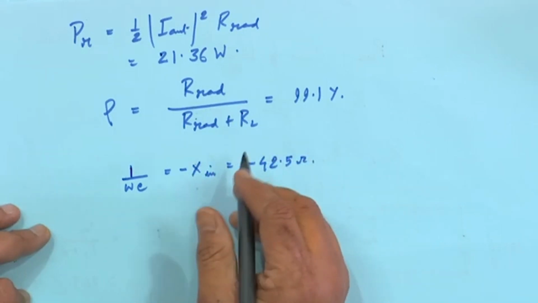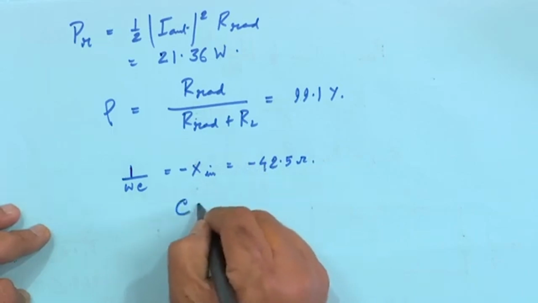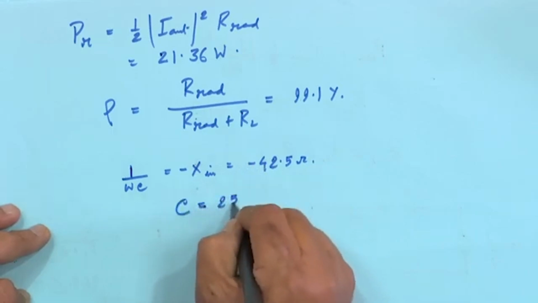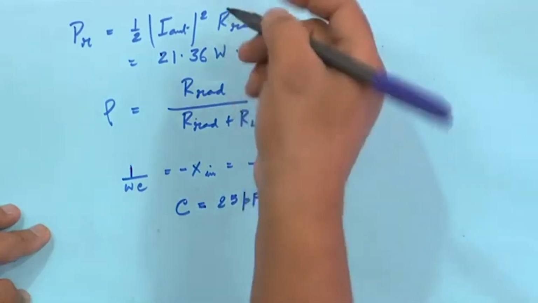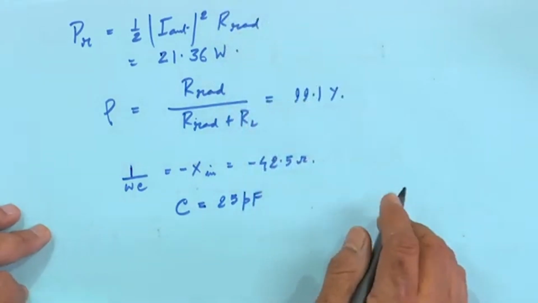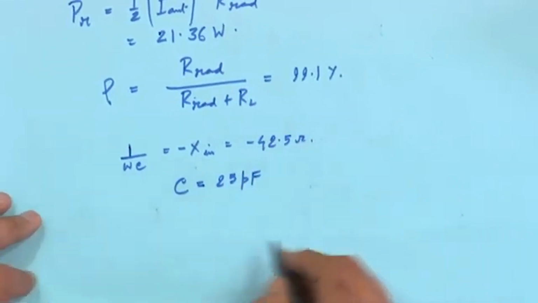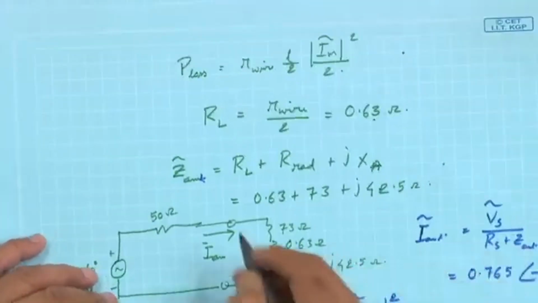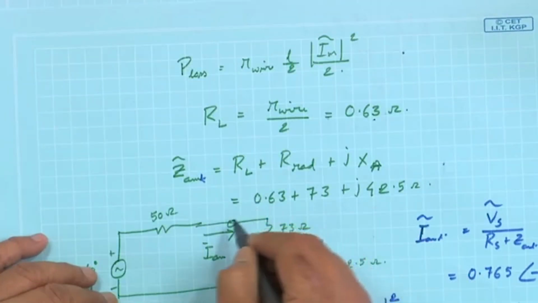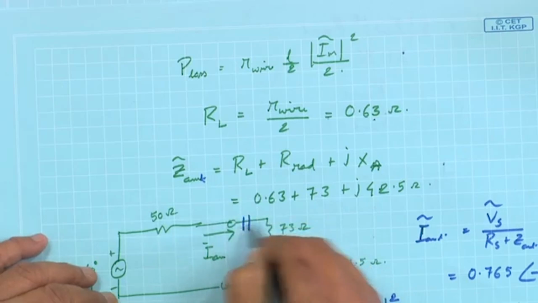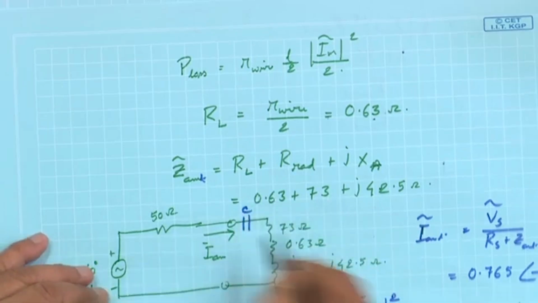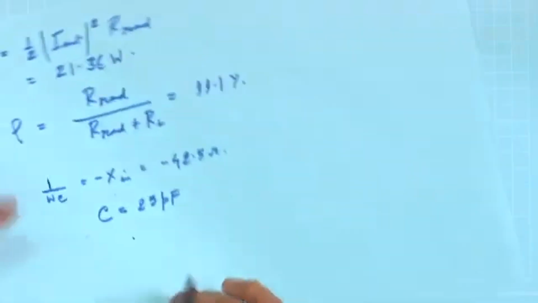So, from that we can find out that capacitor required in series will be 25 picofarad at that 150 megahertz. With the series capacitor, that means here in this circuit there will have to be a series capacitor C. The moment we do that, the current will change.